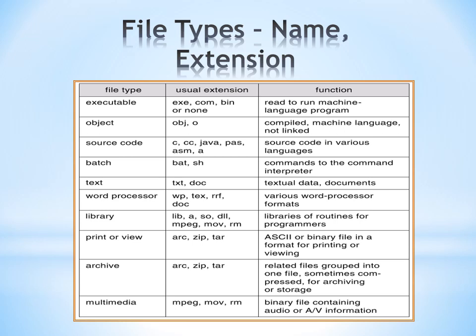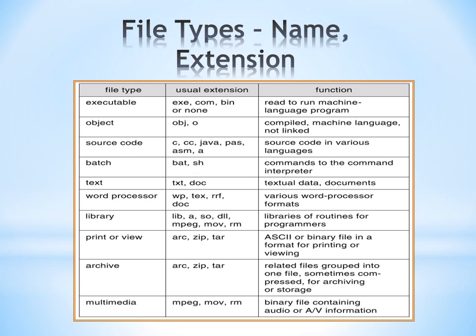For example, when you are running your program code, whether you run Java or C++, you can see that your source code file will be under Java, or ASM, which is normally for assembly language.